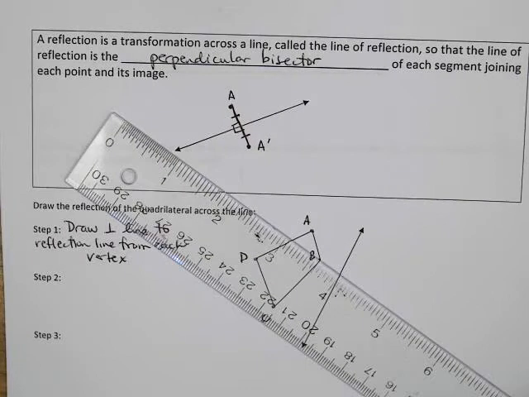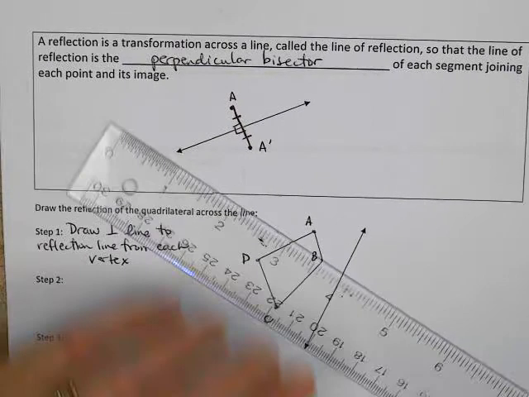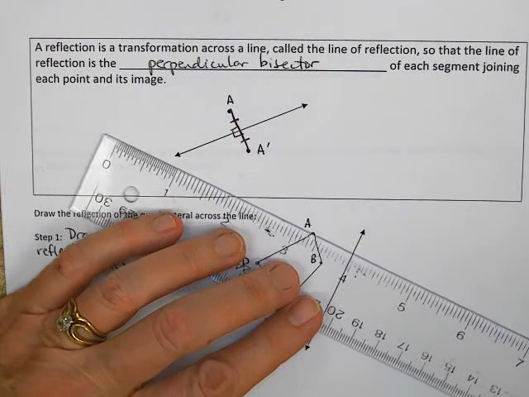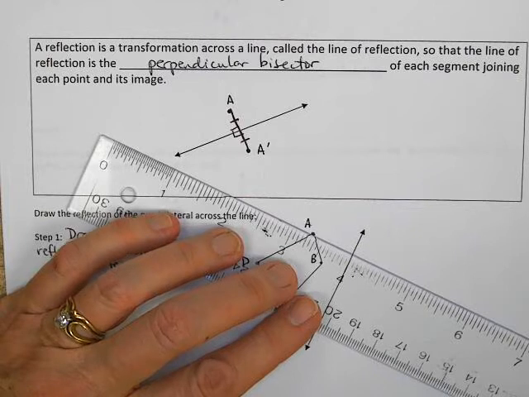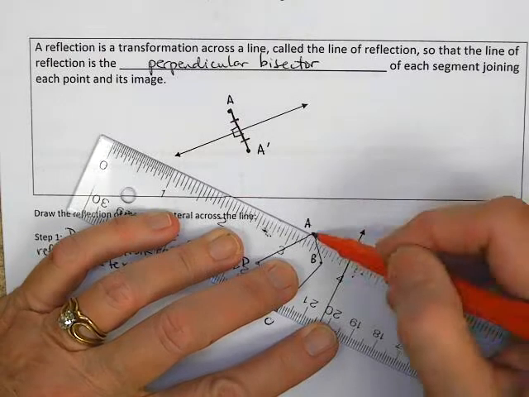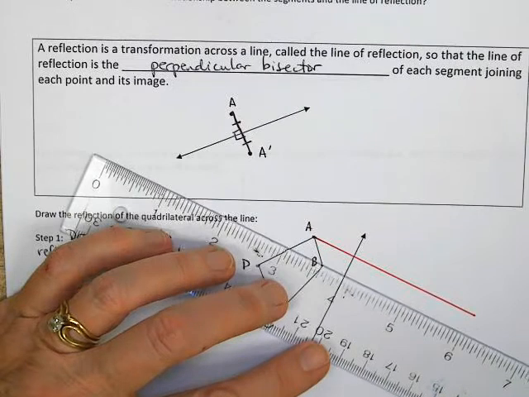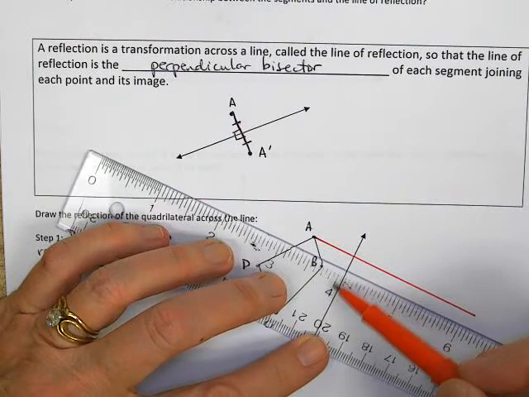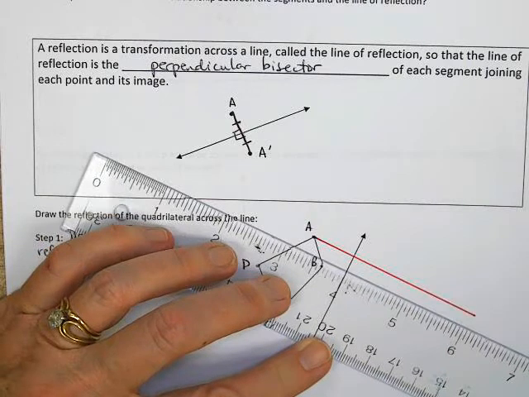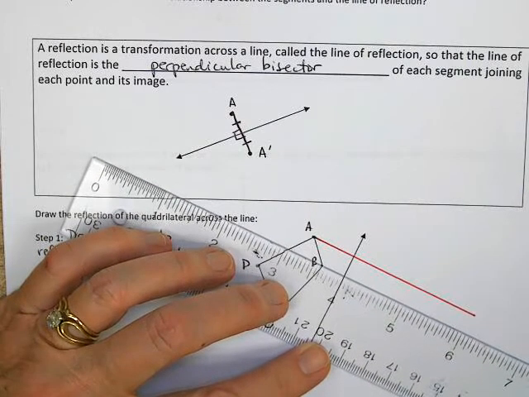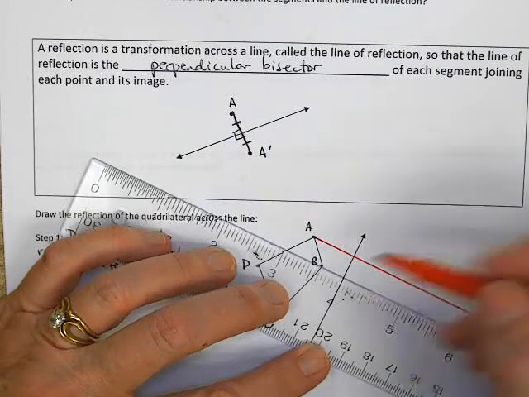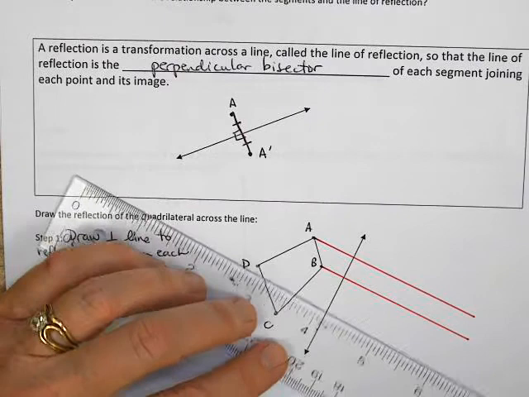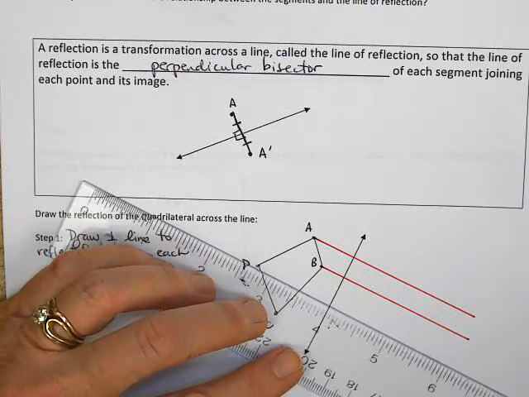So for example, from A, I'm going to kind of use this guide on the ruler here. I'm going to line that up on my line, and I'm going to construct perpendiculars. And now I'm going to do one through B. Right, I'm trying to use one of these lines as a guide for perpendicular, and now I have to line it up with B. And then I'm going to do it with D here.